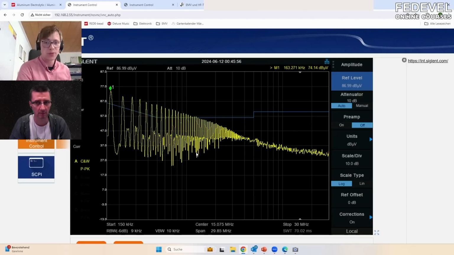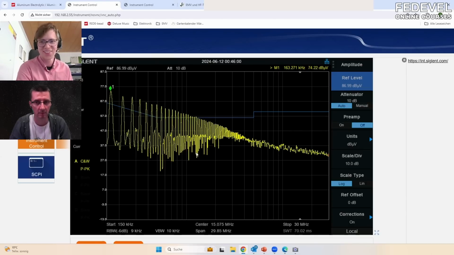A transformer is actually at high frequency just a pass, so it can very easily go over the transformer without any attenuation. And so for testing, when you don't want to have this high voltage directly on your table, you can start with that.